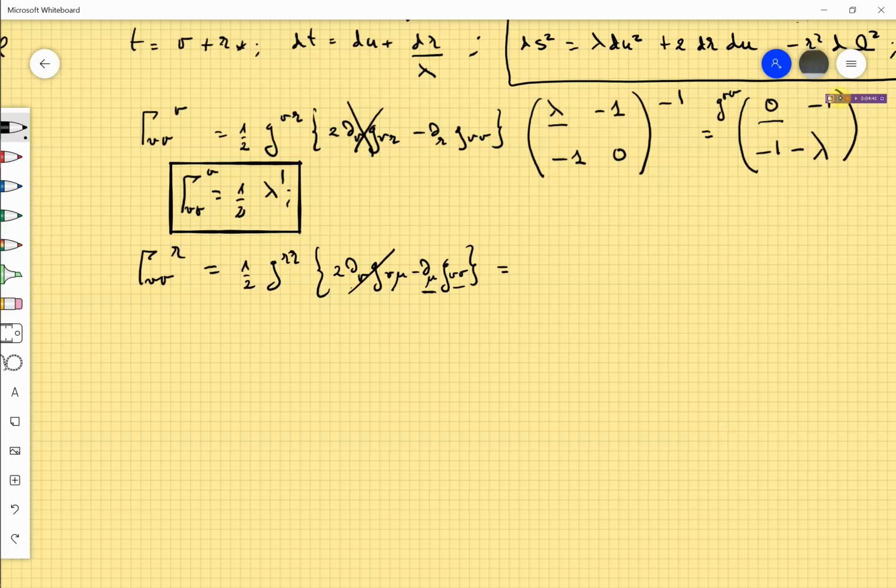Okay, so this is a half. GRR with indices up is minus lambda, with this minus and minus is plus, so this is just lambda, and then we have the derivative of GVV, which is lambda prime. Okay, so the result is that, maybe we collect them here, this is a half of lambda prime.